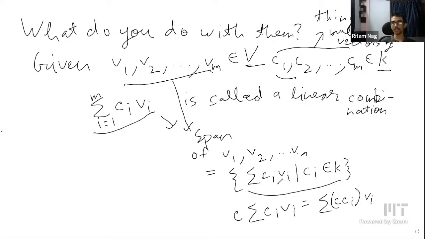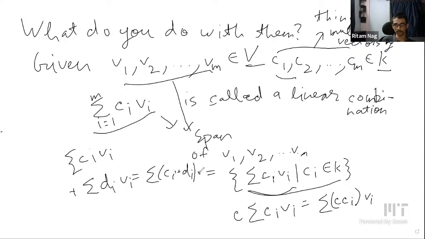So to be a subspace, the set of vectors you have needs to be closed under scalar multiplication as well as addition. If you add two vectors of this form, you get another vector of this form, which should be pretty obvious: if you have some sigma Ci Vi and some sigma Di Vi, the sum is simply sigma of Ci plus Di times Vi, right?